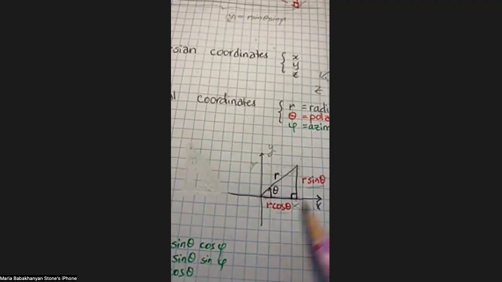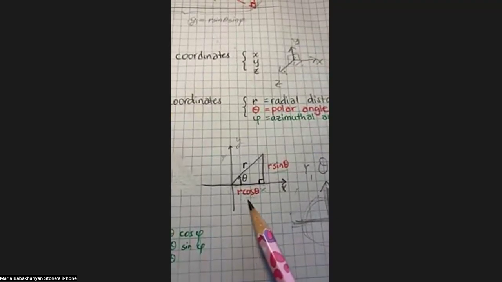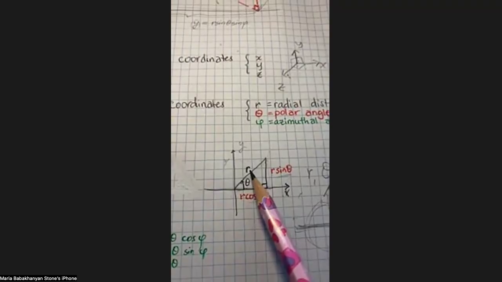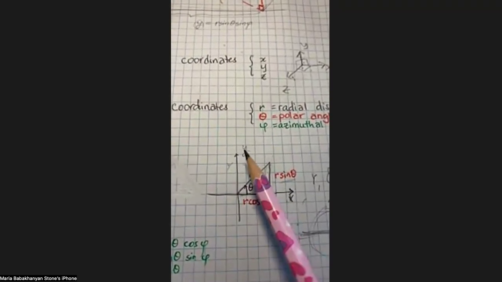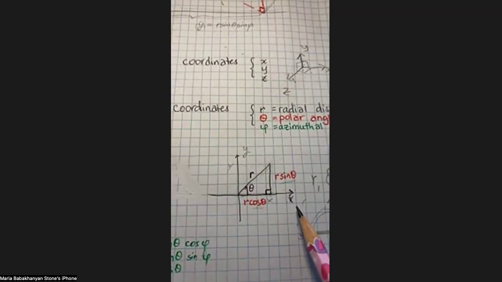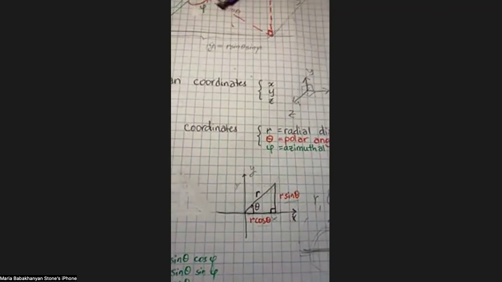So these definitions allow you to transform back and forth between the r theta coordinate system, the polar coordinate system, and the xy coordinate system.